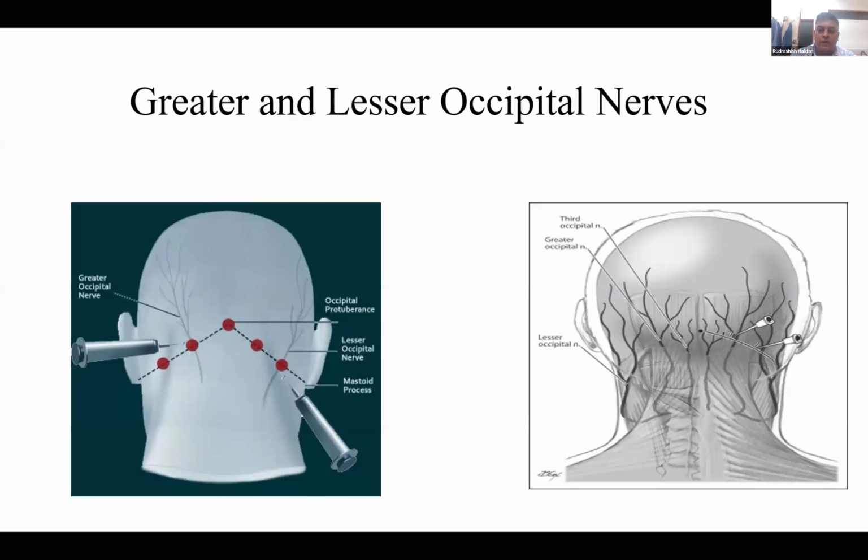Next, we have the greater and the lesser occipital nerve. They are identified, as we can see in this figure, by drawing a line connecting the occipital protuberance with the mastoid process and then dividing it into 3 equal parts. The one in the lateral part shows the passage of the lesser occipital nerve, and the medial one shows the site for the greater occipital nerve.